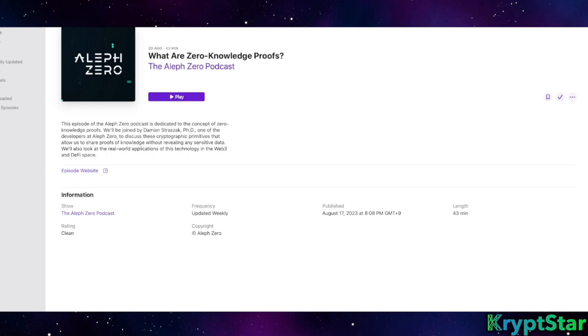But this becomes complicated if there is a secret that nobody should know. Maybe this will be the state of a smart contract, maybe a DEX, maybe something that nobody should know until some moment of time.